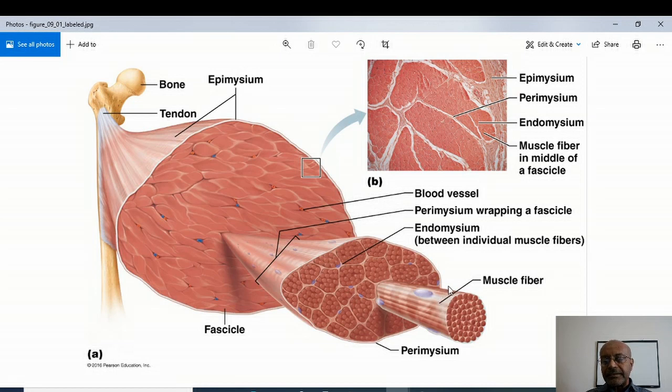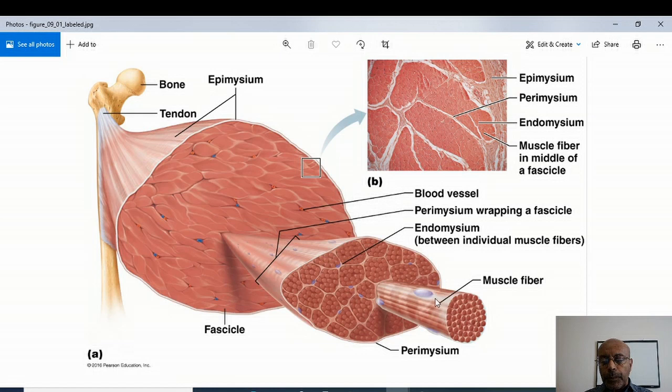This skeletal muscle cell, from now on we will call muscle fiber. By the way, muscle cell, skeletal muscle cell, and muscle fiber are synonyms. So from now on, instead of saying skeletal muscle cell, we'll be saying muscle fiber. So understand that as skeletal muscle cell.